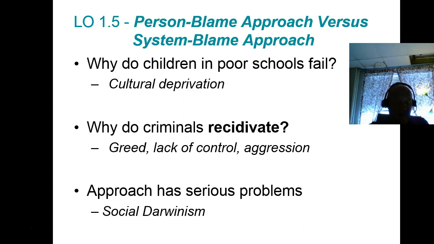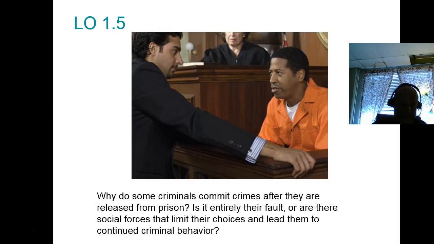And it justifies a form of social Darwinism. The strong tendency to blame social problems on individuals rather than on the social system lies in how people tend to look at social problems.